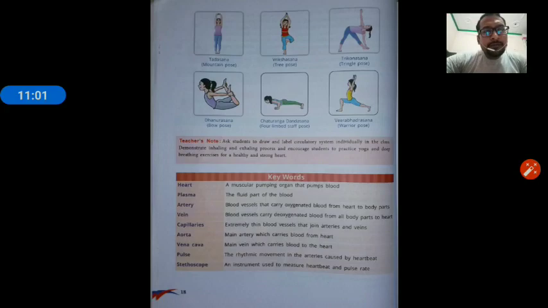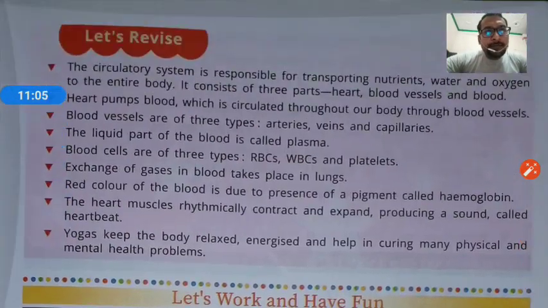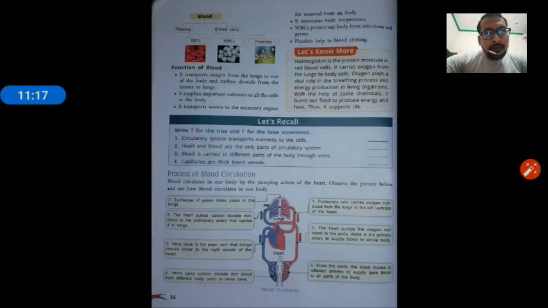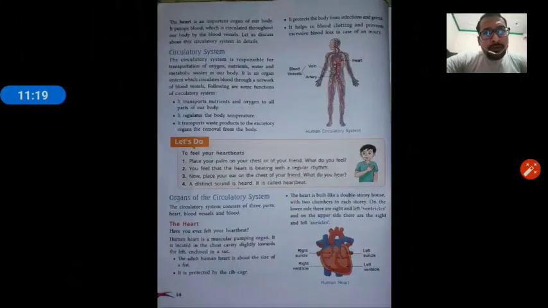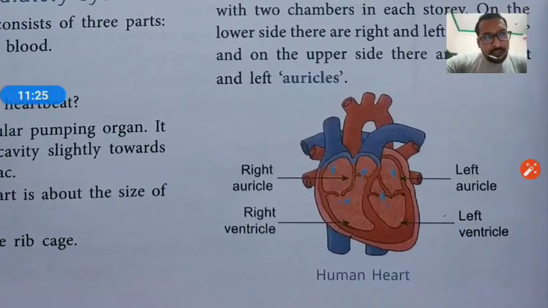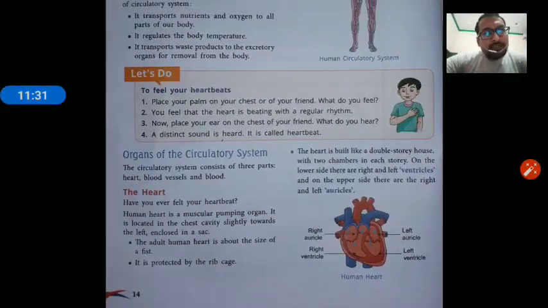Next you have a few of the revision work. What you have studied in this chapter, you have to revise and learn. Let me tell you what you have to do. In the first video, I told you that you have to draw the heart. This is the heart diagram. If you have drawn it, very good. If you have not drawn, then try it.